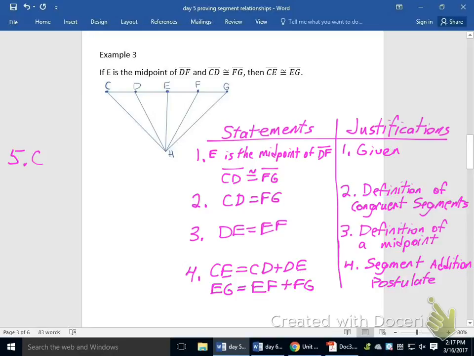So I'm going to show that CE is equal to, like I said, change the CD to an FG, plus change the DE to an EF, and what I just used was substitution property. And now that I've got them equal to FG plus EF on both CE and EG, CE and EG would equal one another by transitive property.